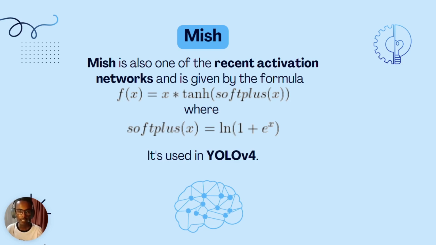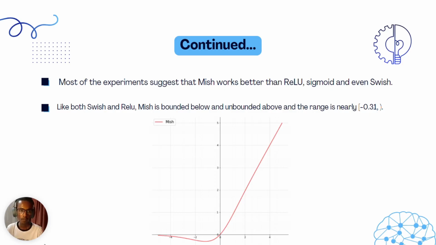And the Mish activation function was used in the YOLO V4 paper. So most of the experiments suggest that Mish works better than ReLU, Sigmoid, and even Swish. So like both Swish and ReLU, Mish is bounded below, and it is also unbounded above, so it goes up to infinity.